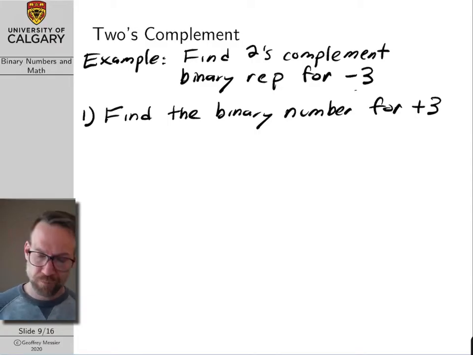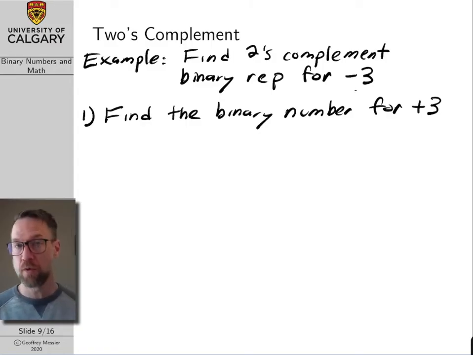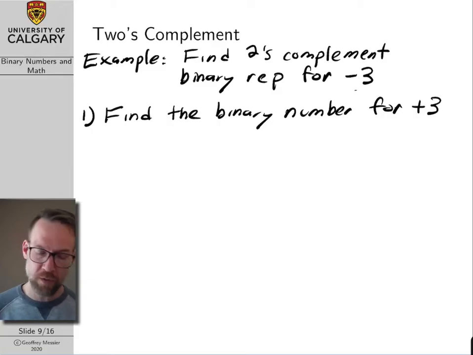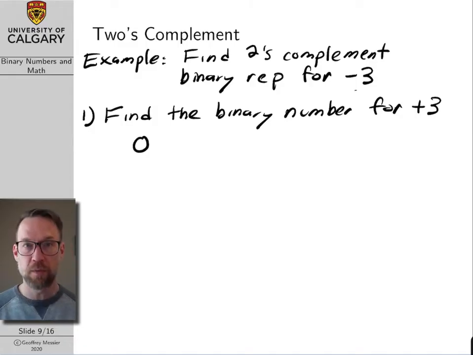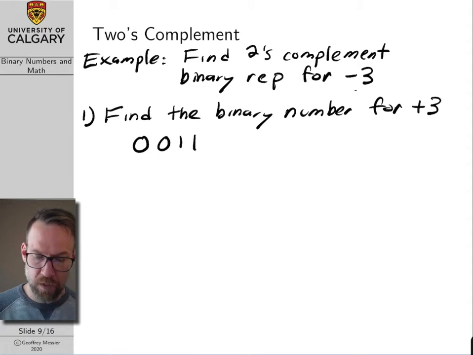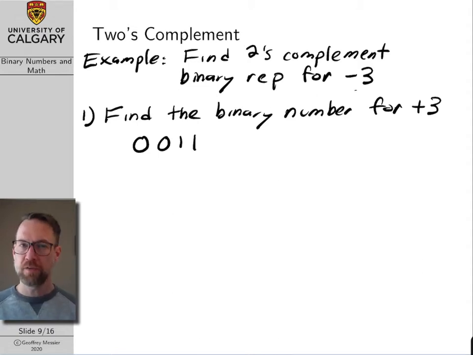And so if we're dealing with, let's say again, a 4-bit 2's complement number, like we were on the previous slide, the representation for positive 3 would be 0, because we're dealing with a positive number. And then our magnitude is 0, 1, 1, right? So again, positive numbers in 2's complement are just like regular old unsigned binary numbers.